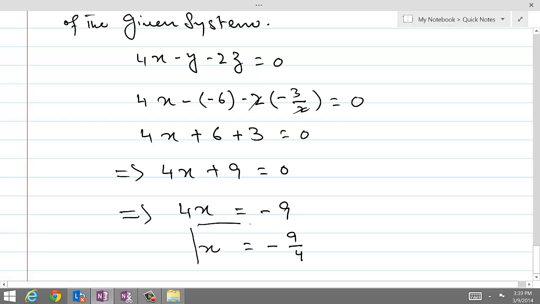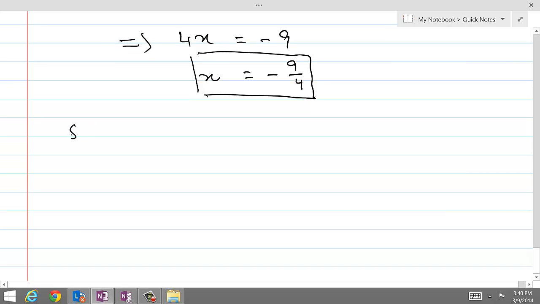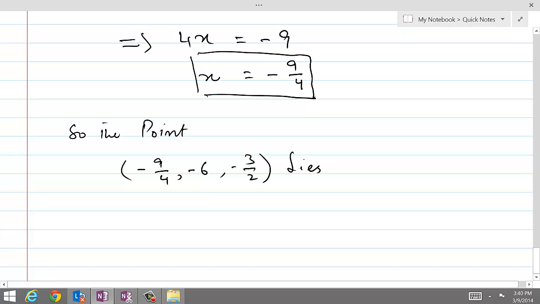So we got the value for x as well. We have got all the values for x, y and z. So the point minus 9 over 4, minus 6 and minus 3 over 2 lies at intersection of lines in the given system.